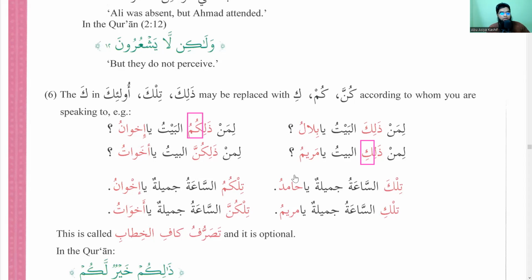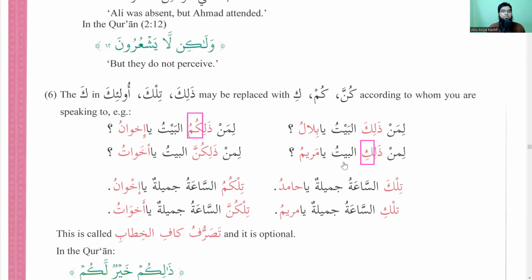When his wife came and said, قالت عجوز عقيم, I'm an old woman. So قالوا كذلك قال ربك إنه هو الحكيم العليم. Or the verse is similar, in Surah Dhariyat. That means كذلك, like that. Allah does it like that. It's very easy for Him to give a child to an old woman also.